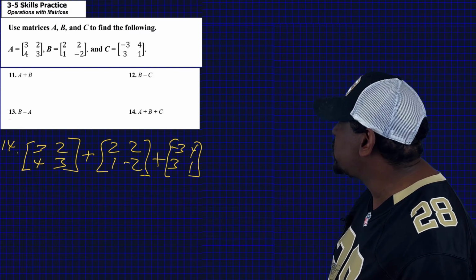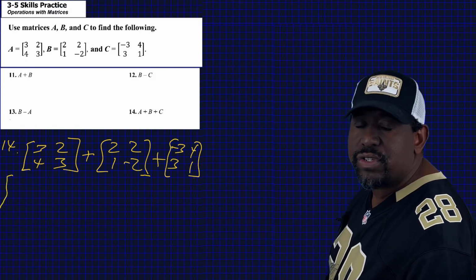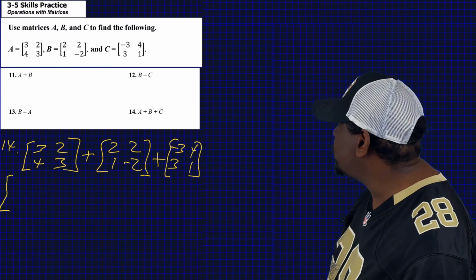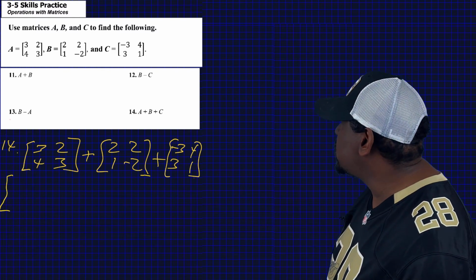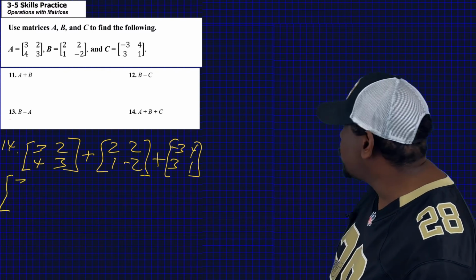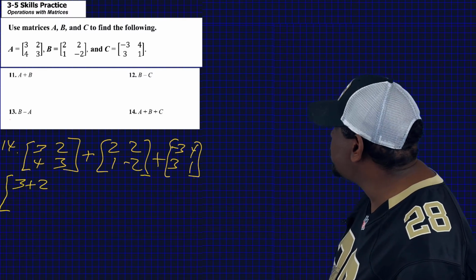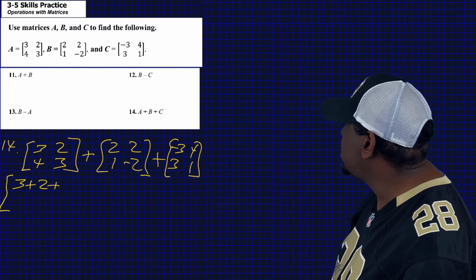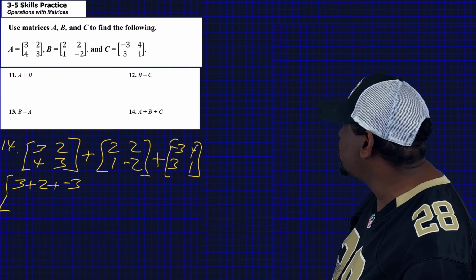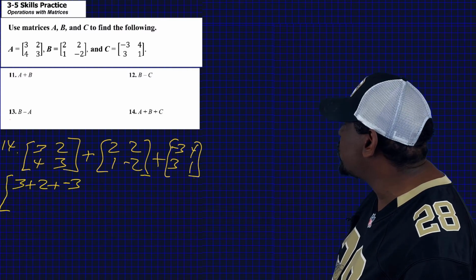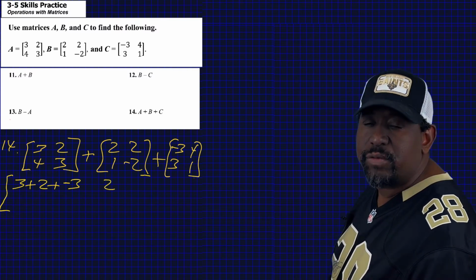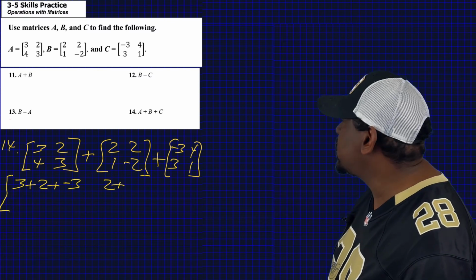So in our first entry, first row, first column, we will have 3 plus 2 plus negative 3. 3, that's the first matrix. 2 from the second matrix. Negative 3 from the third. And we're going to do that with each of the corresponding entries.